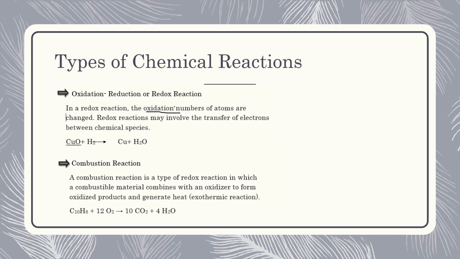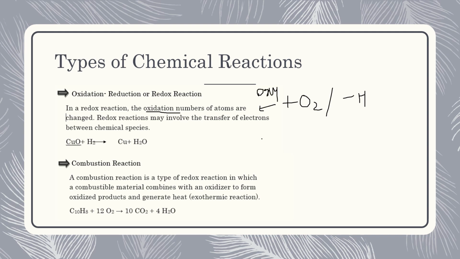This oxidation is the addition of oxygen to a substance or the removal of hydrogen from a substance. Addition of oxygen or removal of hydrogen. So this would be the most important thing for oxidation, where we need to remember what is oxidation.